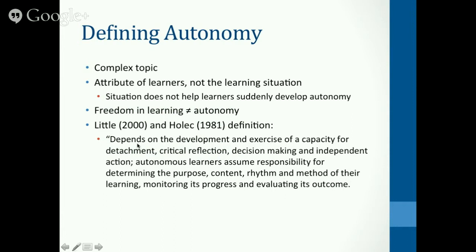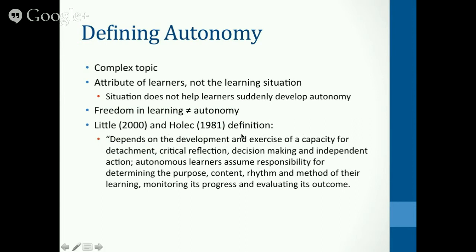This definition is really good because it synthesizes everything. It tells you what abilities the learners need to have, and also the characteristics of autonomous learners, so what they actually do.